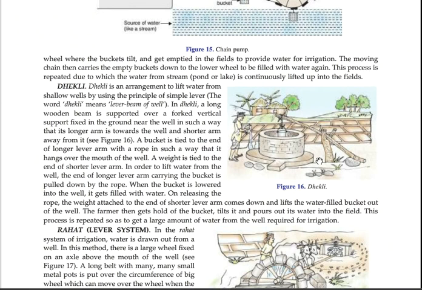It is an arrangement of a log which is supported with a standing log, as you see in this figure, and one end of the lever beam is tied with a heavy stone and the other end, which is near the well, is connected with a rope, and the other end of the rope is connected with a container.